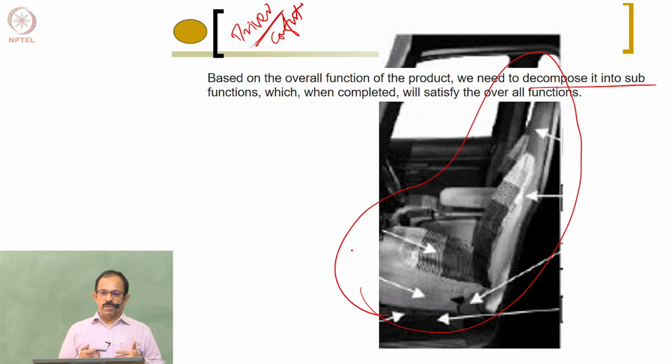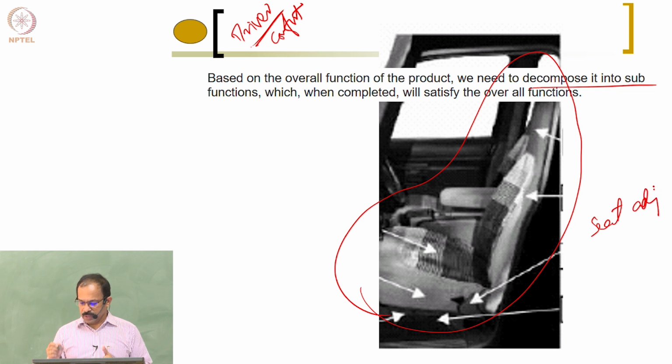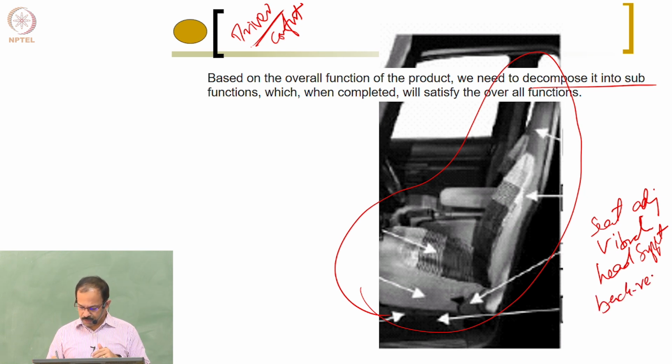Motion, okay. Adjustable seat, okay. One is that you have to adjust the seat. Seat adjustment is one requirement. Then you have to reduce the vibration, right? So you have to control the seat vibration. What else? Okay, head support. Angle adjustment, backrest adjustment, you have.